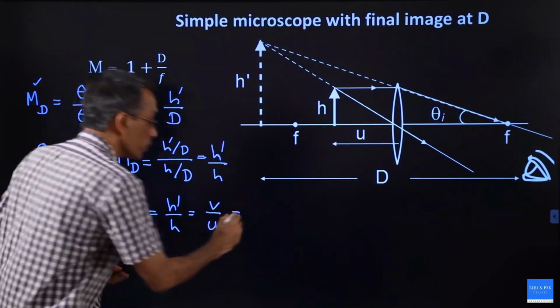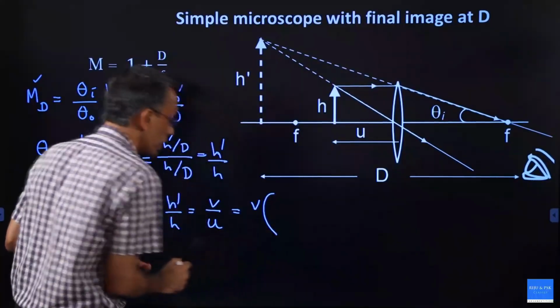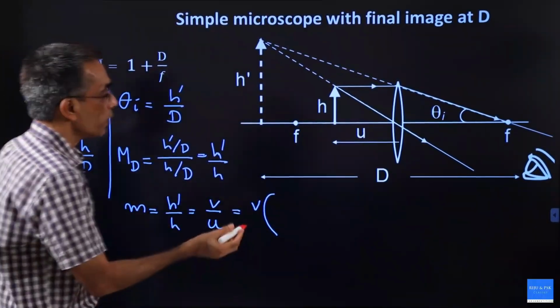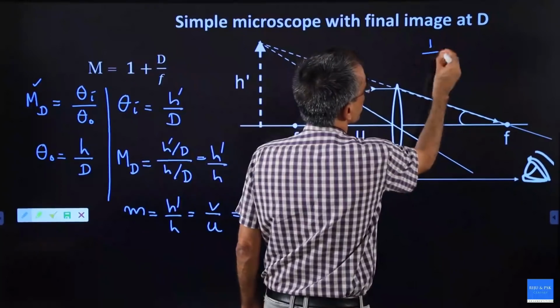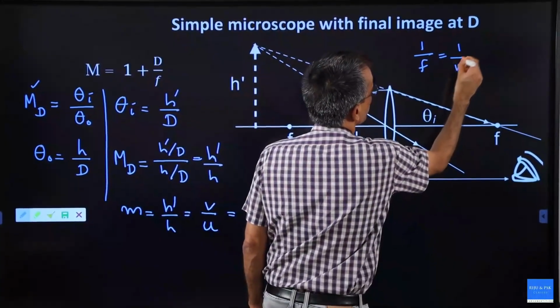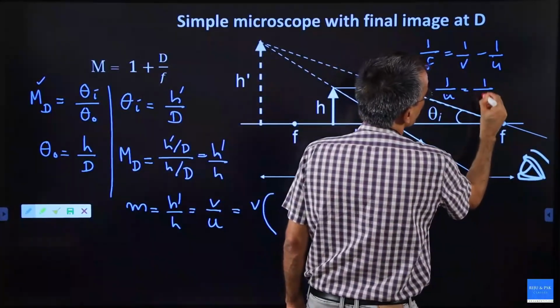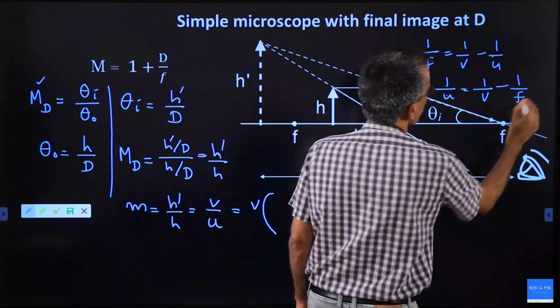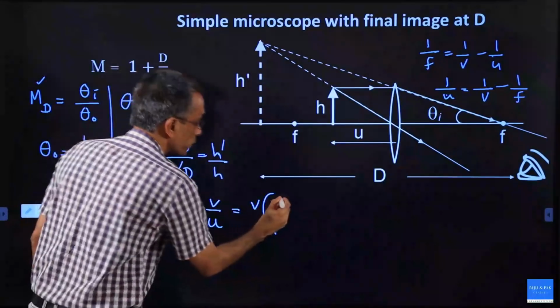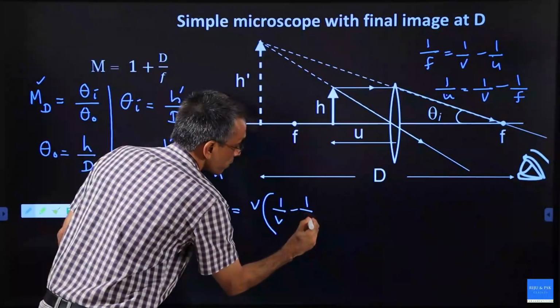But what is 1 by u? From the lens equation we know 1 by f equals 1 by v minus 1 by u. So 1 by u is nothing but 1 by v minus 1 by f. Instead of 1 by u, I will substitute 1 by v minus 1 by f.